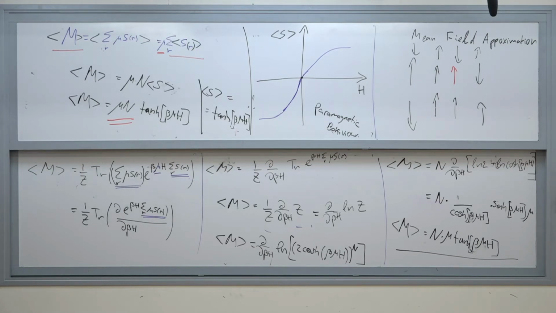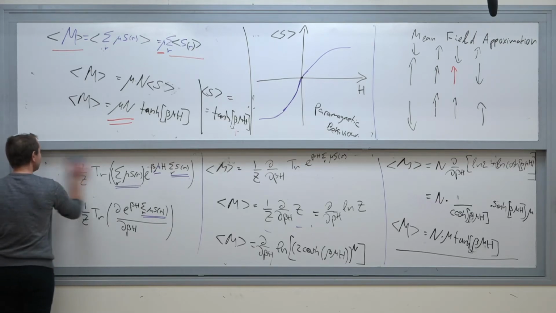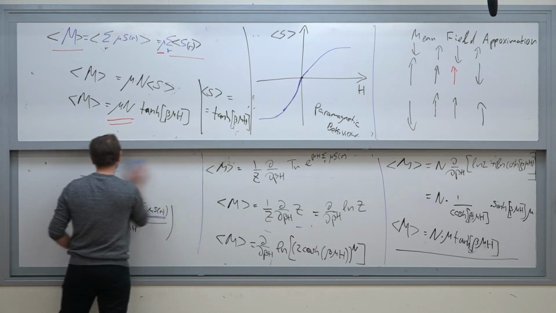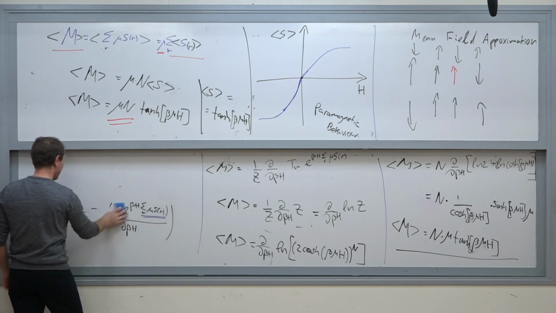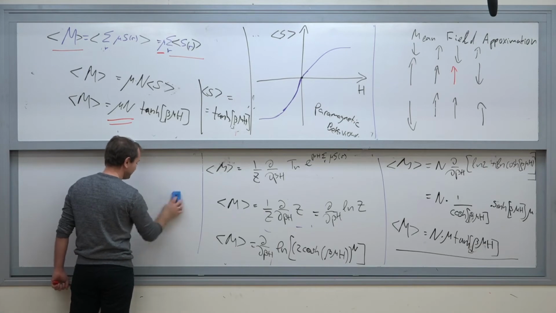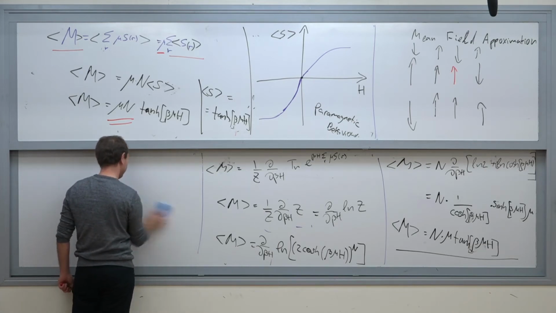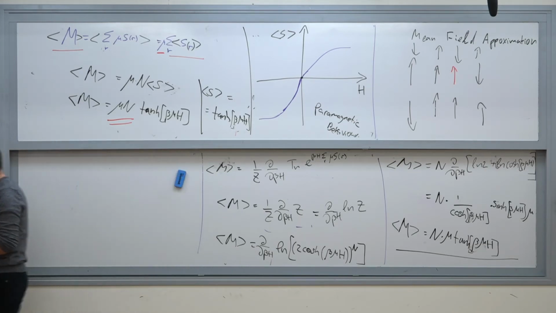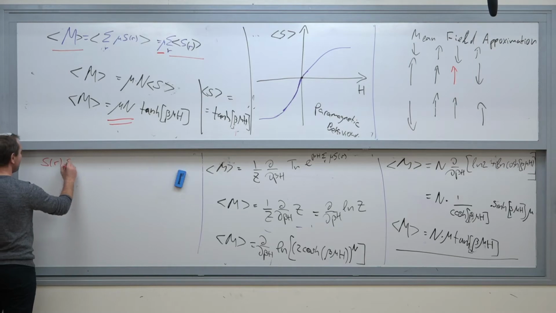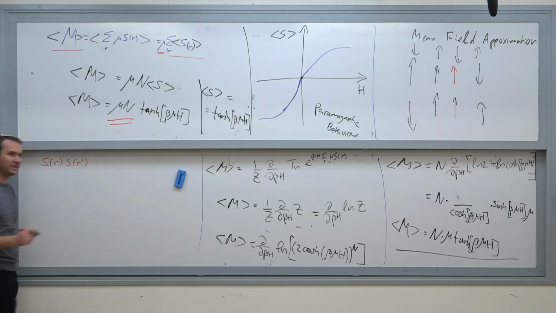Okay. So in order to perform this, I would like to write down two approximations. So first of all, let's look at what S of R and S of R prime are. What exactly are they?